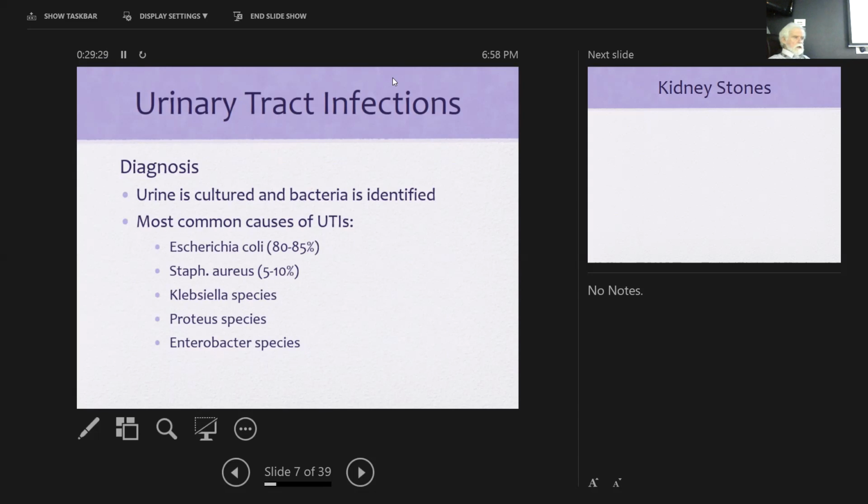The other sources here are much rarer. Somewhere between 90 and 95% of infections come from E. coli and Staph aureus. The rest are relatively minor, but Klebsiella, Proteus, and Enterobacter will come either out of the digestive tract or off the skin.